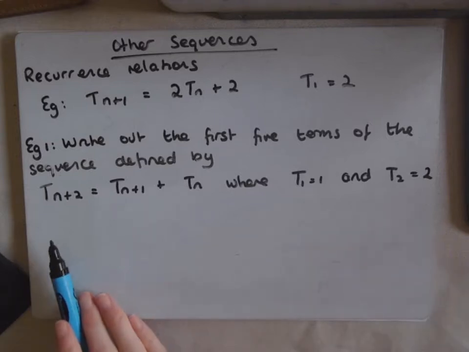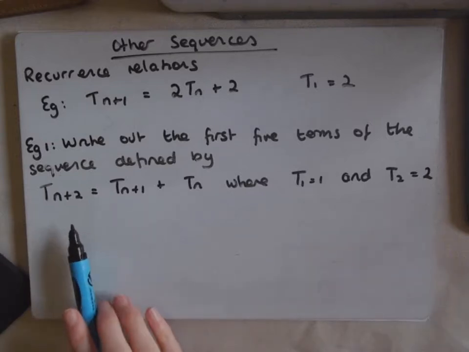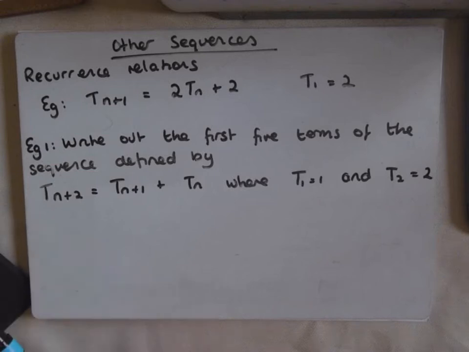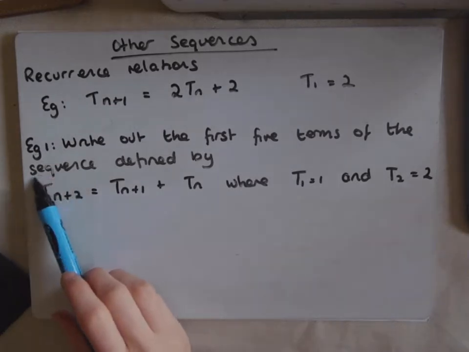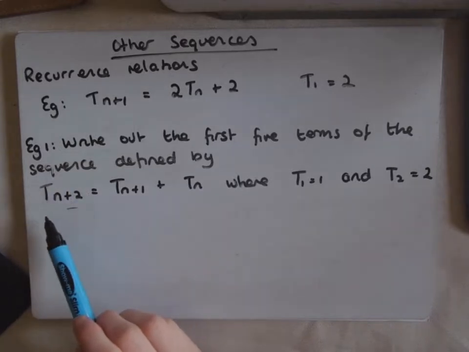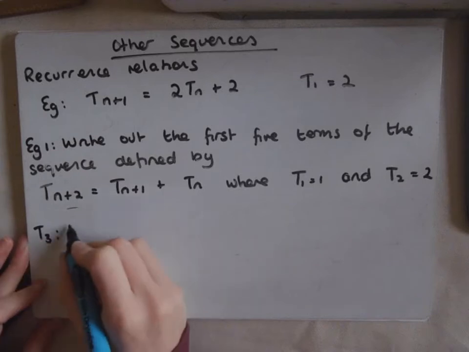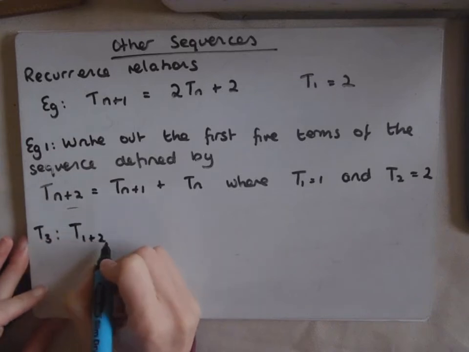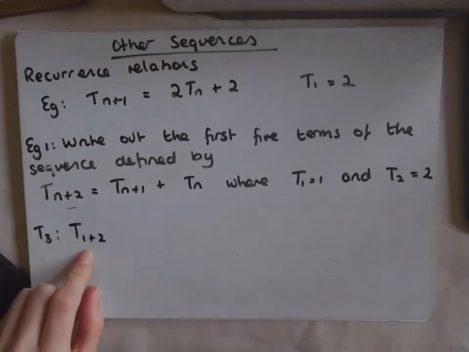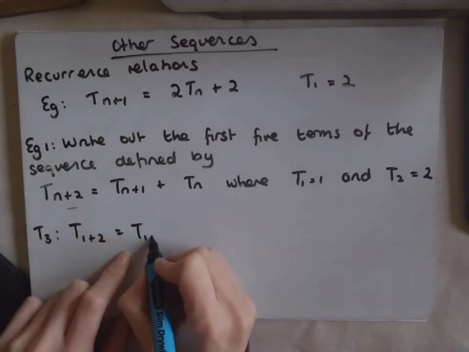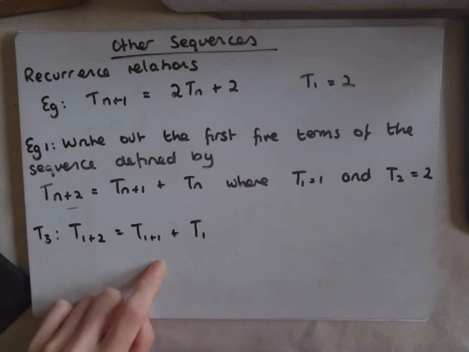If I want to get t3, what do I have to let n be? How would this become t3? Yeah, perfect, thank you. So for t3, this would be t of 1 plus 2. So n is 1. So that would mean t of 1 plus 1 plus t of 1.